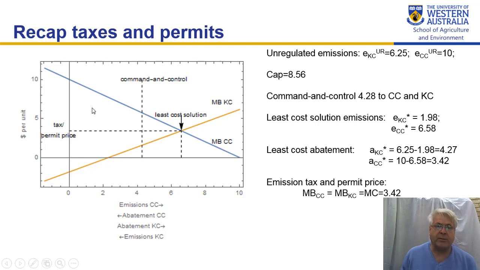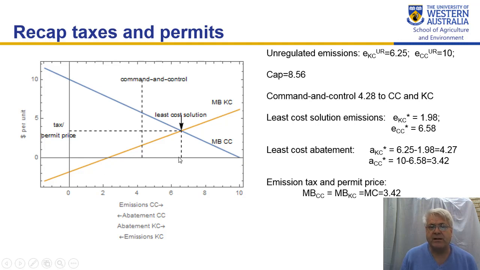In this diagram, what I've done is I've put the marginal benefits of CC as they were in the previous diagram, but I've rotated the marginal benefits of KC so that KC's emissions are now running from right to left.